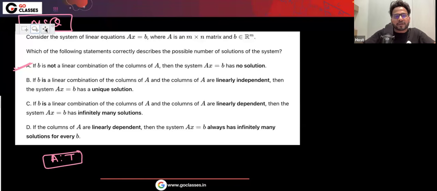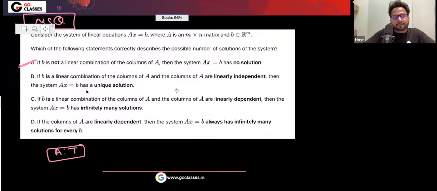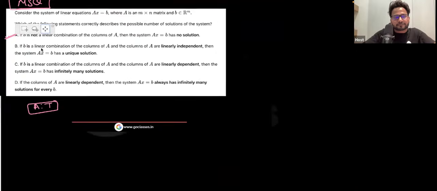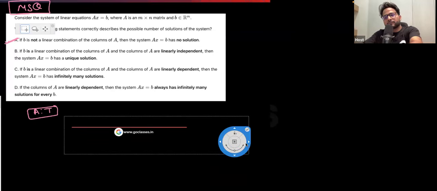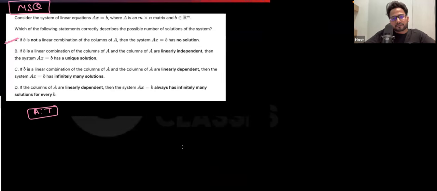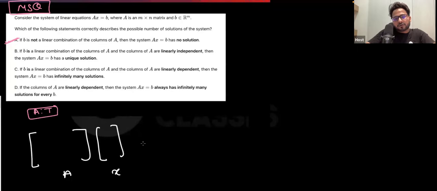If you remember, we have something like this. This is a matrix A, and this is X. Now, how do we get this B?